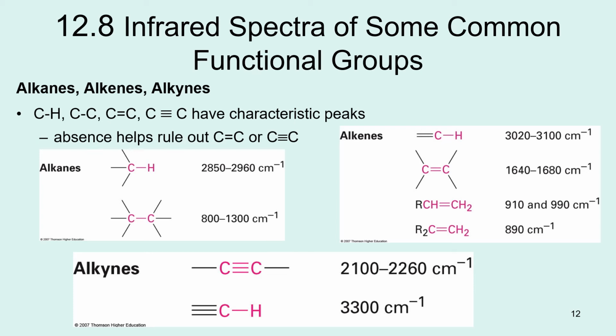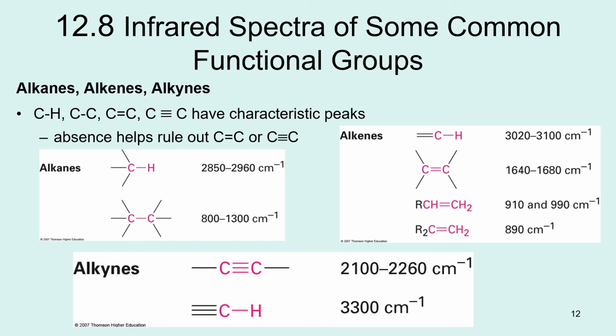So if you have alkanes, that's actually the least useful functional group because most of the compound will be an alkane, and so it's going to be really hard to distinguish. But what you'll usually find is that the C-C stretch is around 800 to 1,300, and the C-H stretch is just, like I said earlier, just below 3,000.